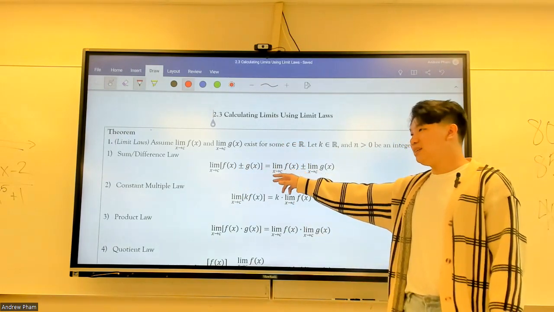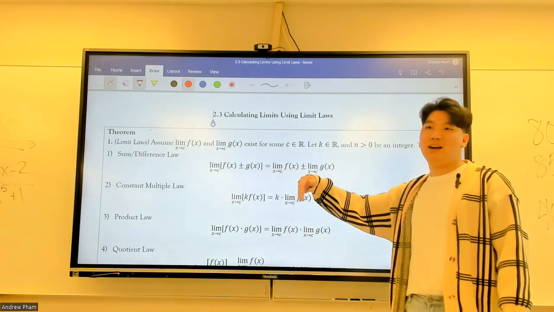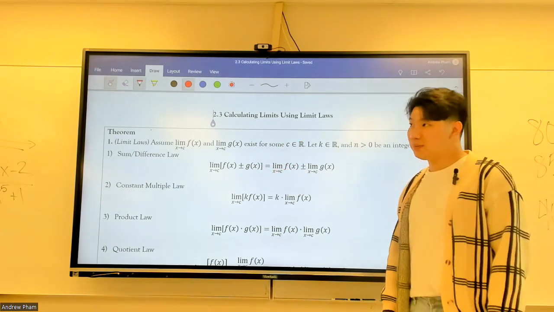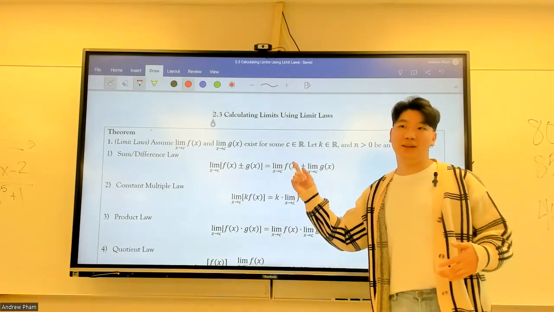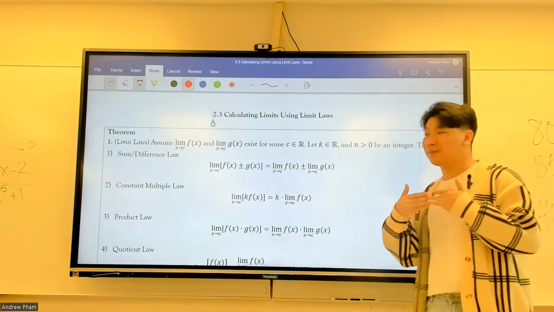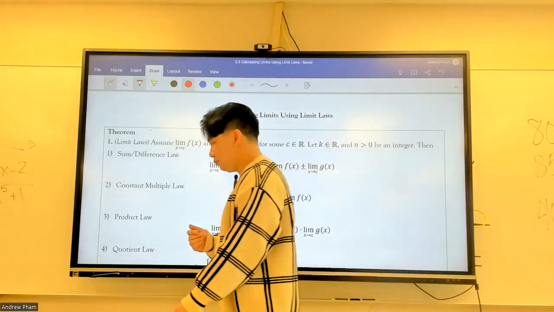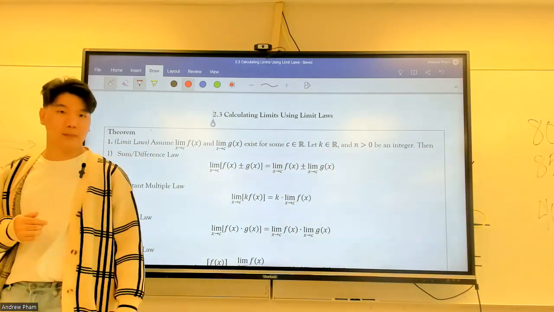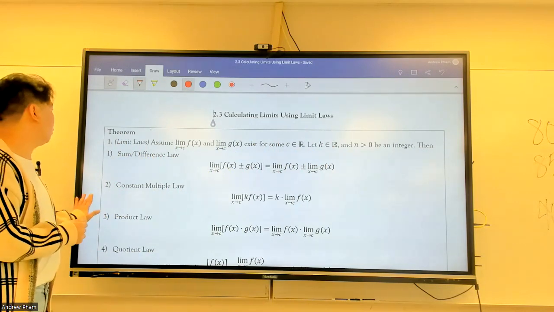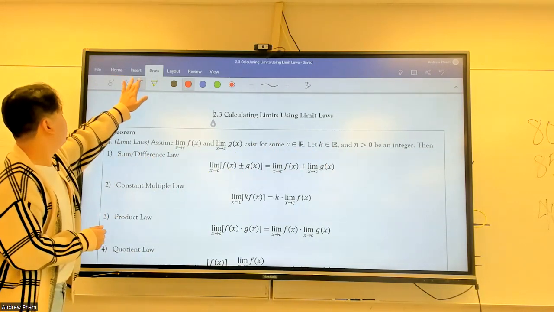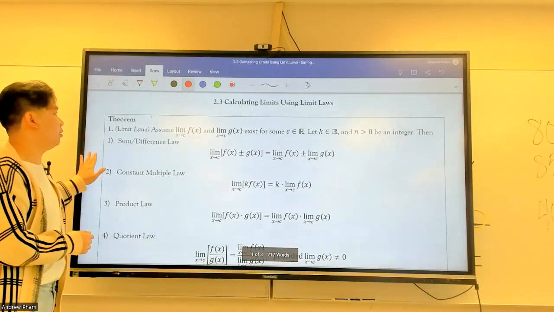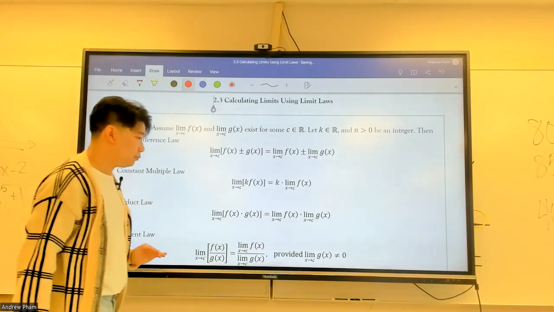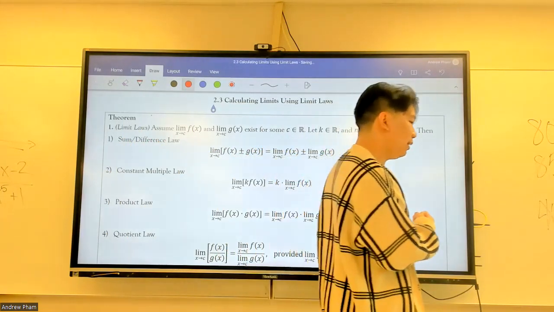So again, the limit of a sum is the sum of the limits, which is just a fancy way of saying we can do each one individually instead of trying to do the whole thing. Gonna scoot this up a little bit. So that was our first limit law.